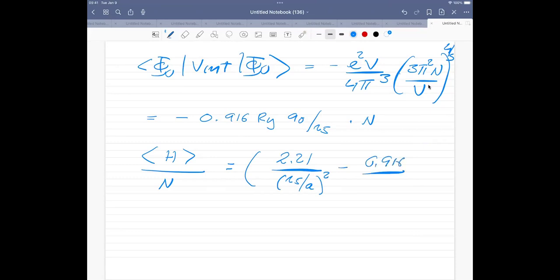And this is an expression which you will find in many, many textbooks in condensed matter physics. And this is multiplied with 13.6 electron volts, 1 Rydberg. So 1 Ry is equal to 13.6 electron volts.